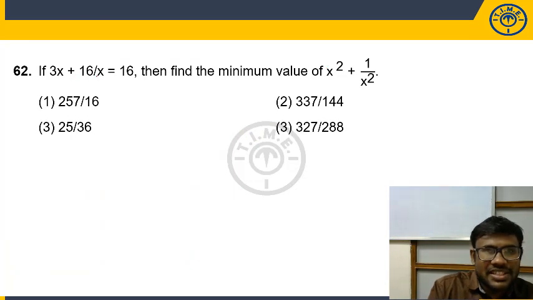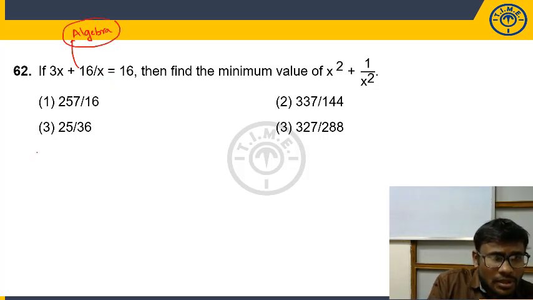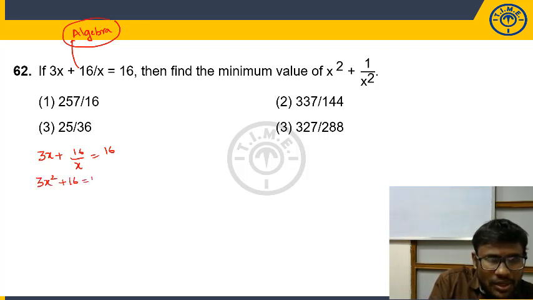3x plus 16 by x is equal to 16. So this is also an algebra question. So we write the quadratic equation 3x square plus 16 is equal to 16x.